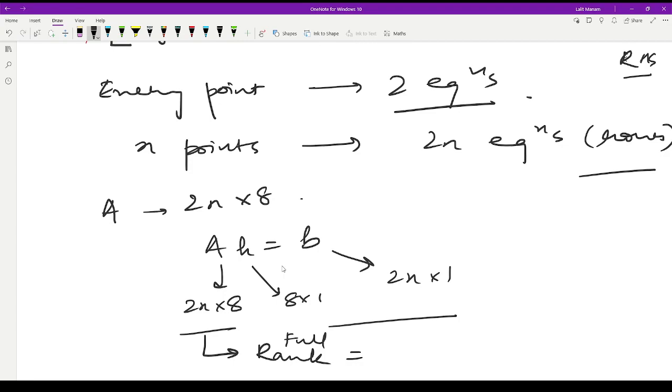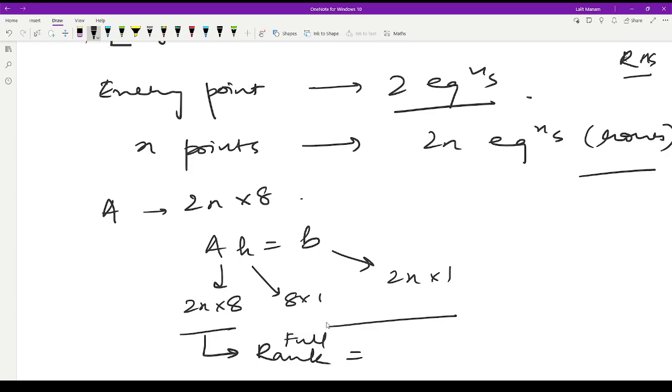If A has full rank, what will be the rank of A? Full rank, but what's the maximum rank that A can take? The minimum of the number of rows or number of columns.